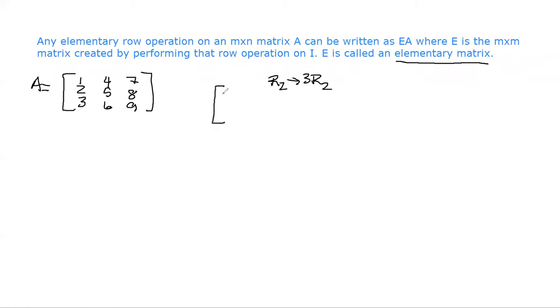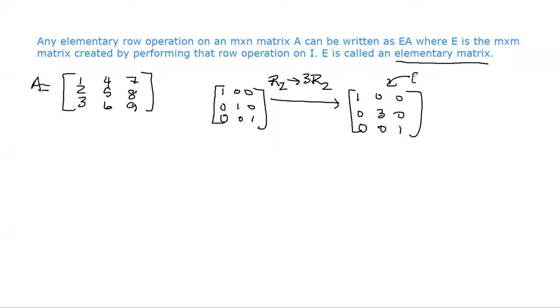So what this elementary matrix is saying is if we take the identity matrix and we do that row operation that we want to do on our A on the identity matrix instead, then this gives us 1, 0, 0, 0, 3, 0, 0, 0, 1. This is our elementary matrix E. And if you multiply E times A, and you can double check this on your own, what will you get? You'll get the matrix that you would have gotten if you did that row operation directly on A. So this would be 6, 15, 24. We're just multiplying that second row by 3, and 3, 6, 9.